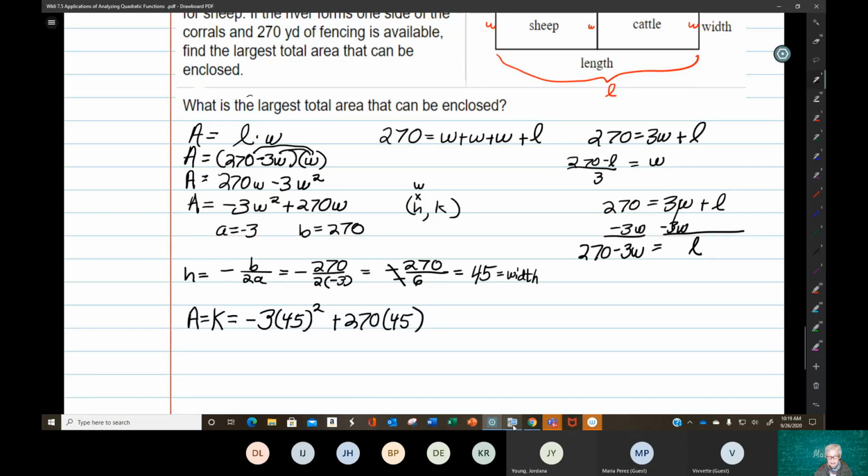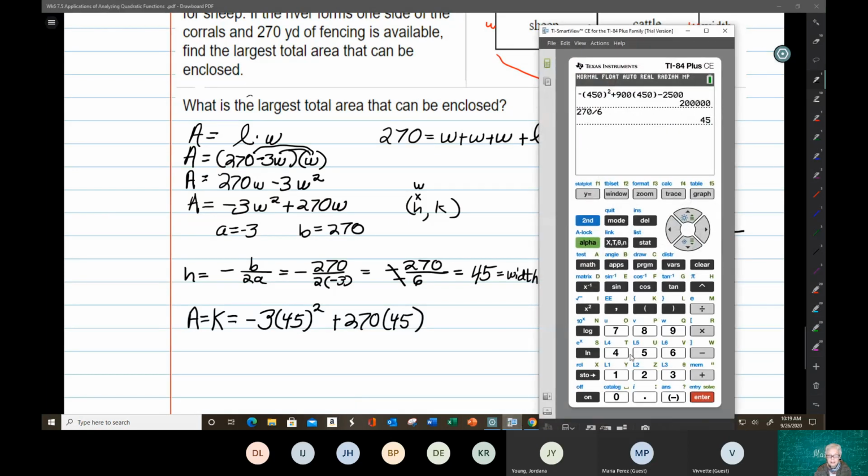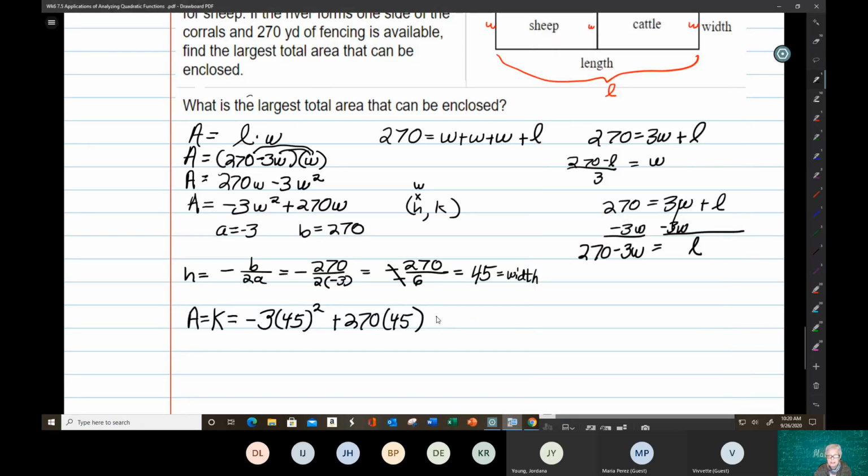Okay, so again, use our friendly calculator and take -3 parentheses 45 parentheses close squared plus 270 times 45. I should have used parentheses, but oh well. 6075.